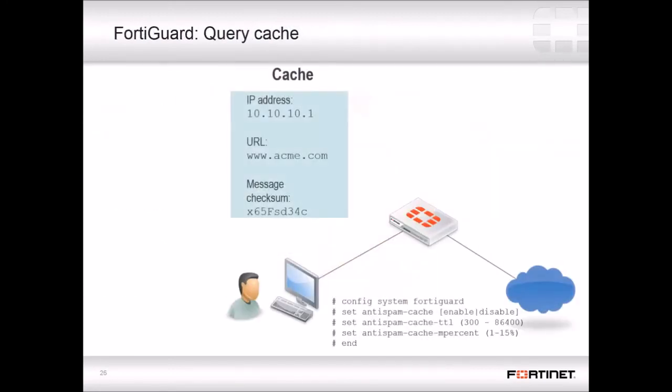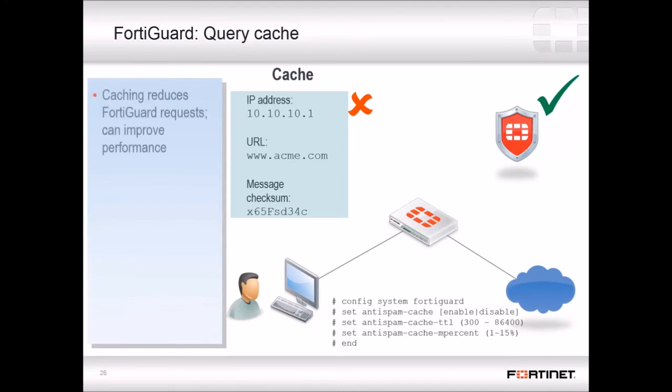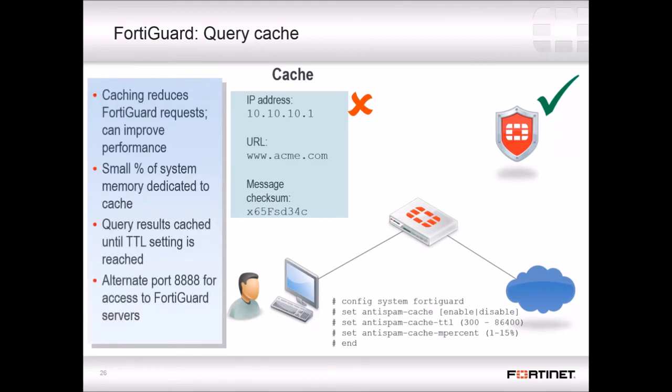The Fortigate can enable caching of FortiGuard responses. This is so that the Fortigate unit will remember the most recent queries it made. The unit will store recent results in memory until they either expire or are pushed out. Most of the time, spammers are persistent and will keep hitting your device over and over again.